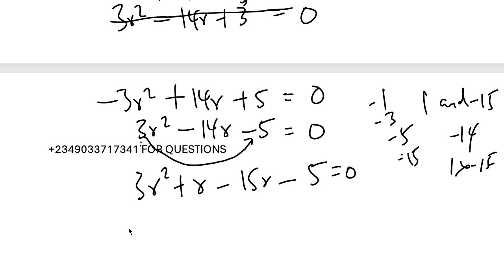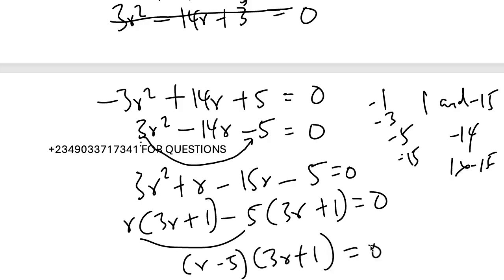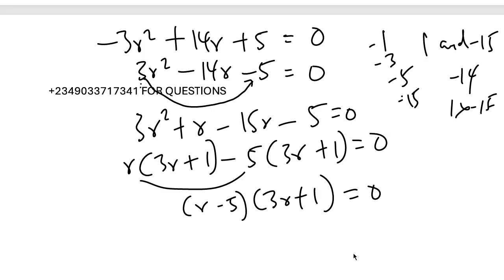Then on factoring out r, that will be r into 3r plus 1, minus 5 is common to the 2. That will be 5 into negative 15r divided by negative 5 will leave us with 3r, and negative 5 divided by negative 5 will leave us with positive 1, equal to 0. Then bringing these two together, that will be r minus 5 into 3r plus 1 is equal to 0. Do you get it?